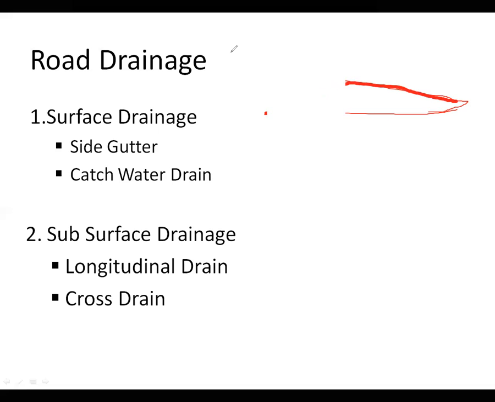Then we can see the other parts like the base and subgrade, which are the lower portions. The uppermost portion is the carriageway, which is made from impervious material. The reason for the impervious layer is to avoid percolation of rainwater. We keep calling it drain water because the maximum water that comes onto the road is rainwater.